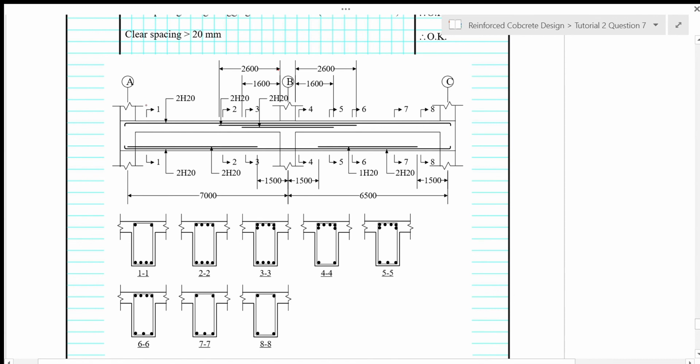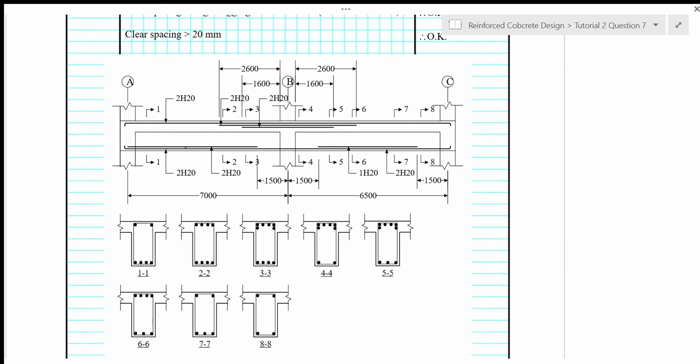If you refer to cross section 1, the 2H20 here shows the 2 corner bars, and this 2H20 here shows the inner 2 bars. So there is actually only one layer of steel, but in the detailing you can see 2 lines. The layers in the detailing do not represent the actual layers in the steel layout, so be careful of that.